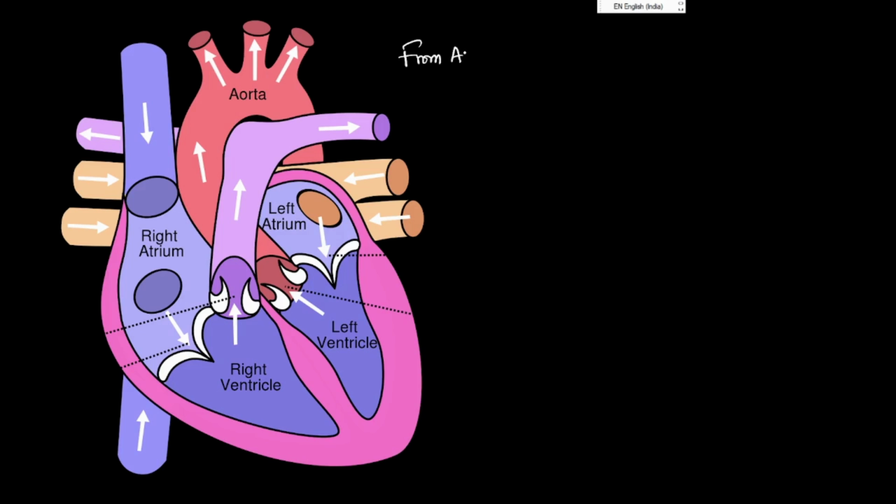From all parts of the body, impure blood is collected by veins, and they will bring this impure blood to the right atrium, students.